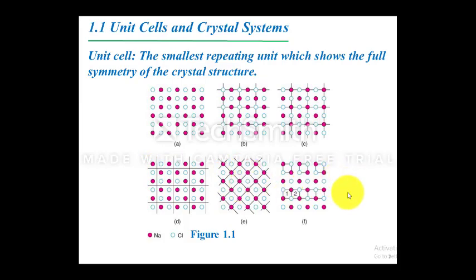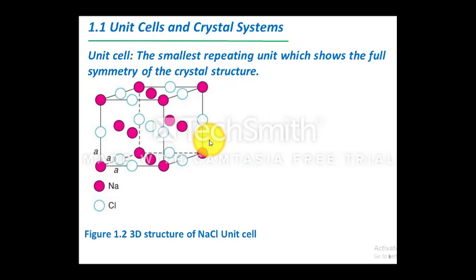But the question is, where is the unit cell? Which arrangement can be used as the unit cell? As we have already said, the smallest repeating unit which shows the full symmetry of the crystal structure, we can say this is the unit cell. So here is the unit cell of sodium chloride. It is the smallest repeating unit and it shows all of the properties of sodium chloride.